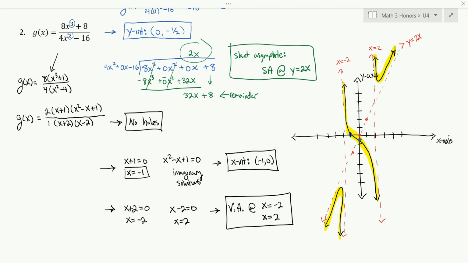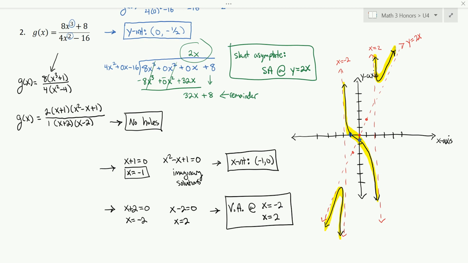The middle part, there's a couple things that can happen. And that happens at the x-intercept. We're either going to pass through that x-intercept or we're going to bounce. And so we have to pass that y-axis, so we're below. So the right side here has to point down as it gets close to 2. But the left side, you may have to test it right in here. So maybe test it at negative 1.5.